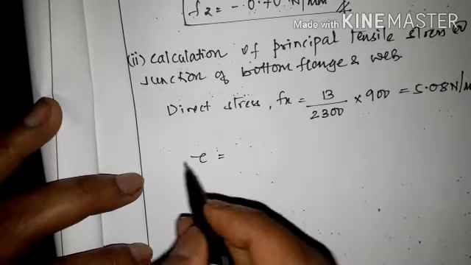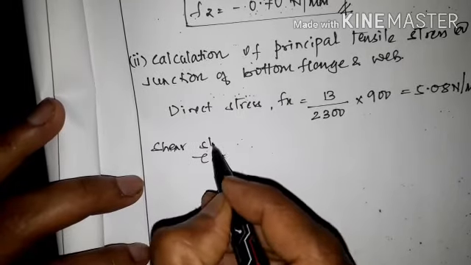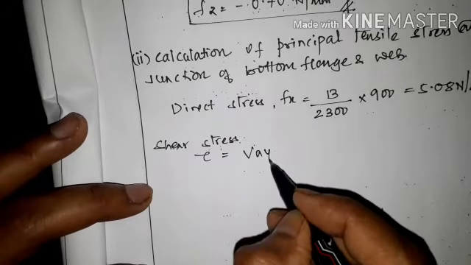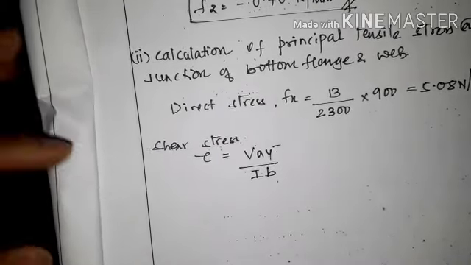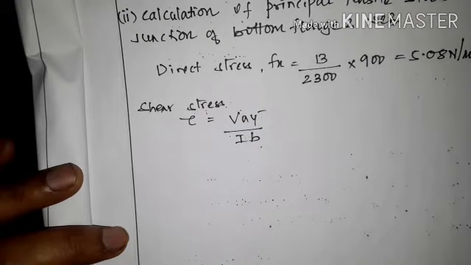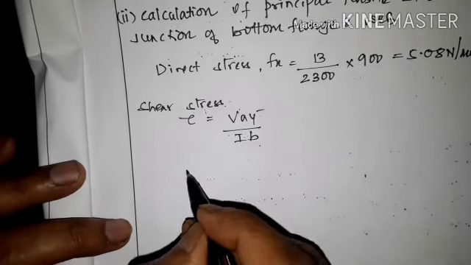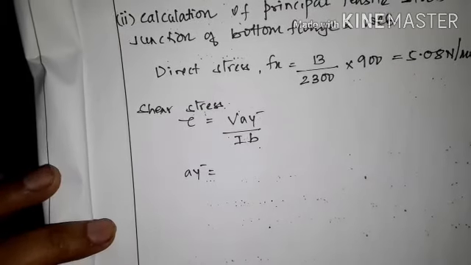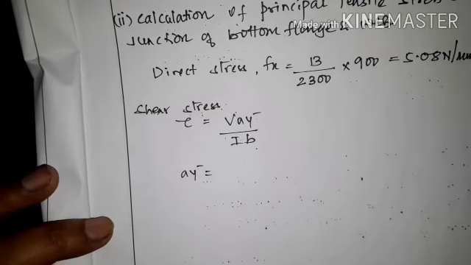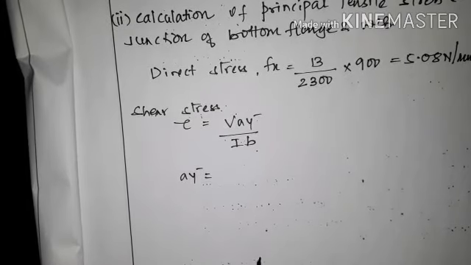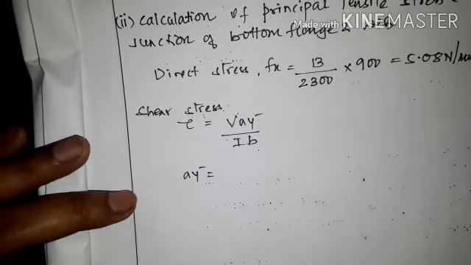So again tau, the shear stress, is V A y bar upon I B. A y bar is for the web connected with the flange, which you have to find out again.